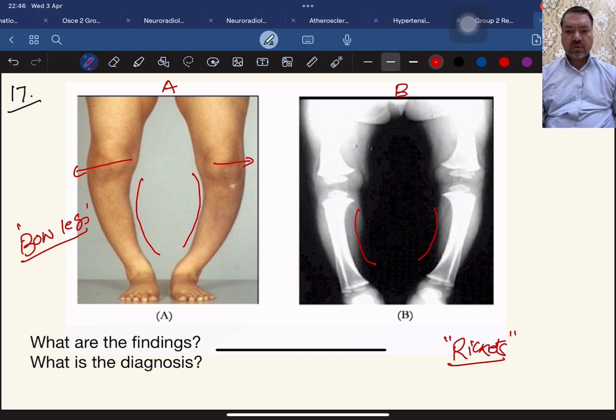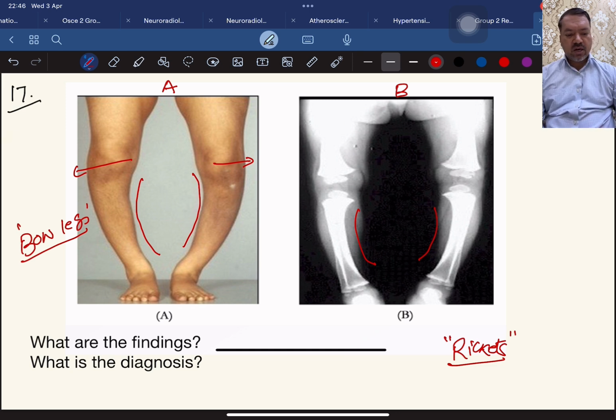Fragile is the term we use if the bone breaks. They are softer, so they can bend very easily. Many other features in rickets occur, we'll talk in some other slides. I think I've included one more x-ray of rickets there, and I'll nicely explain everything there. So this is bow leg in rickets.